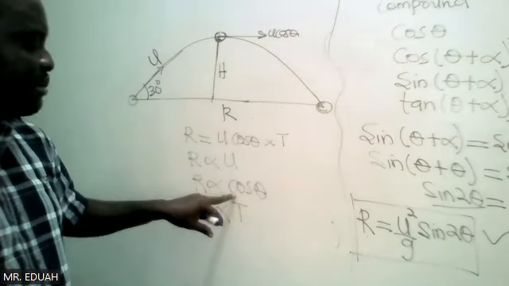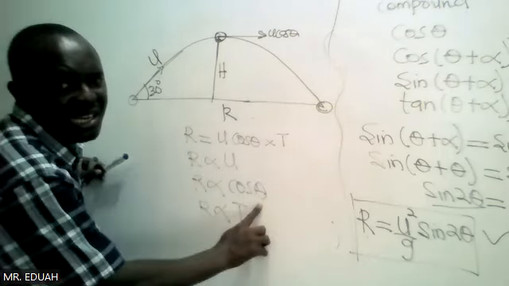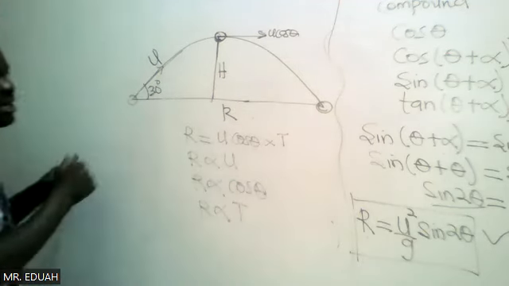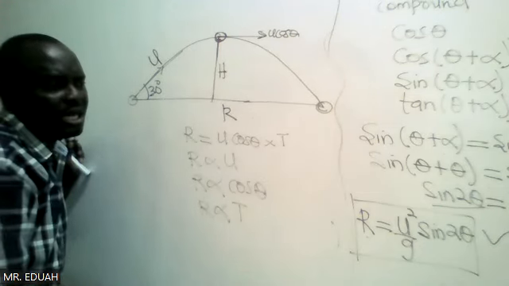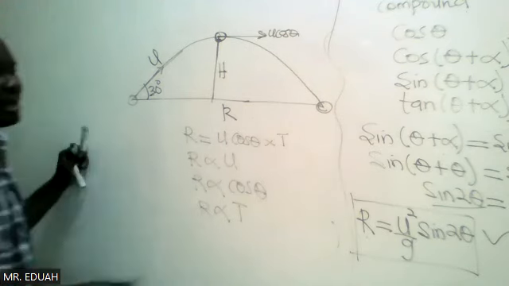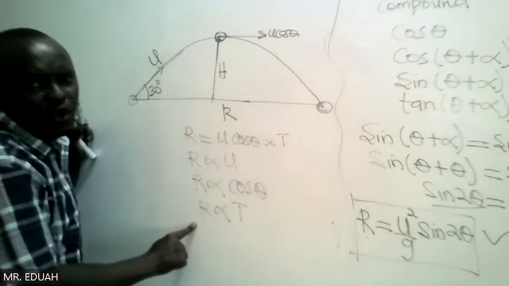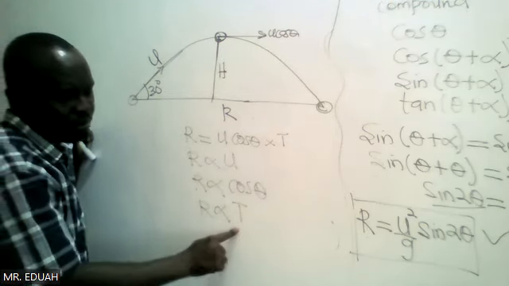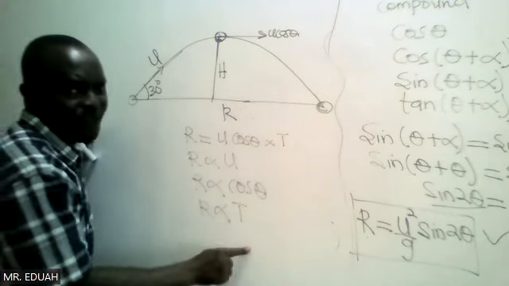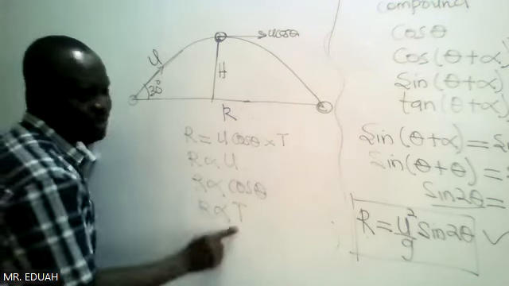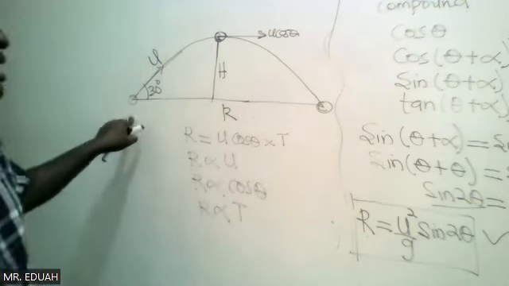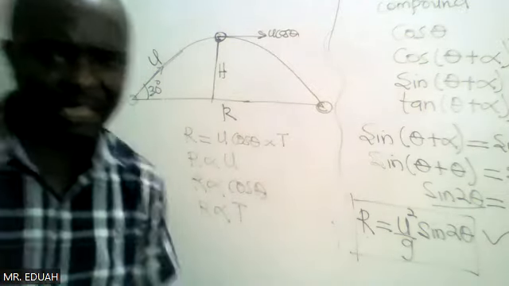I can also do that by changing the angle of projection. Different angles of projection give me different horizontal distance traveled. And then the range is also affected by the time taken to make that complete journey. Different time of flight will give me different range. So these are the factors on which the horizontal distance traveled by the body depends.